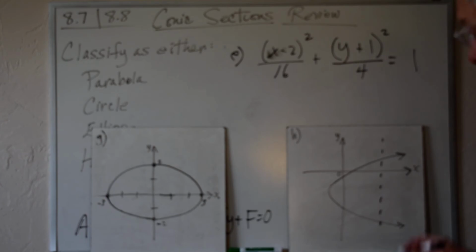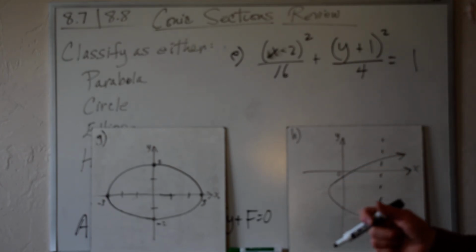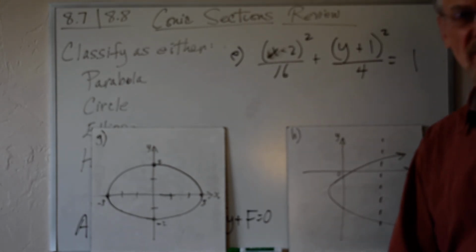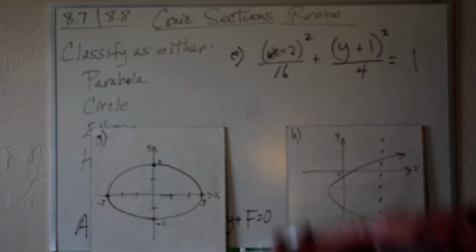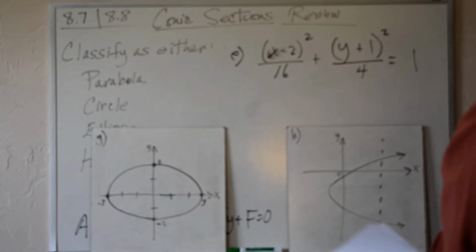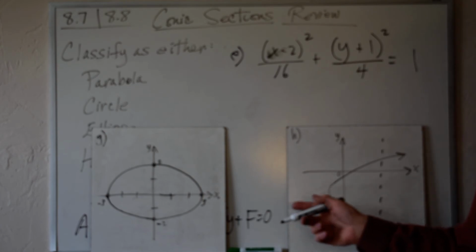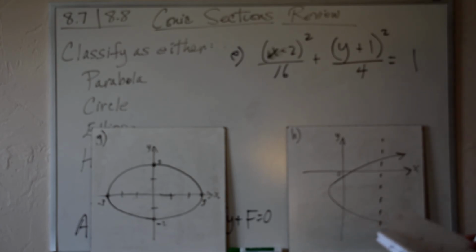That's not a function. That's fine. It can still be a conic section if it's not a function. In fact, all the others are not functions. Only a parabola that is vertically aligned opens upwards or opens downwards. That's the only thing that's going to be a function. This is a parabola that opens sideways. It's a horizontally aligned parabola.